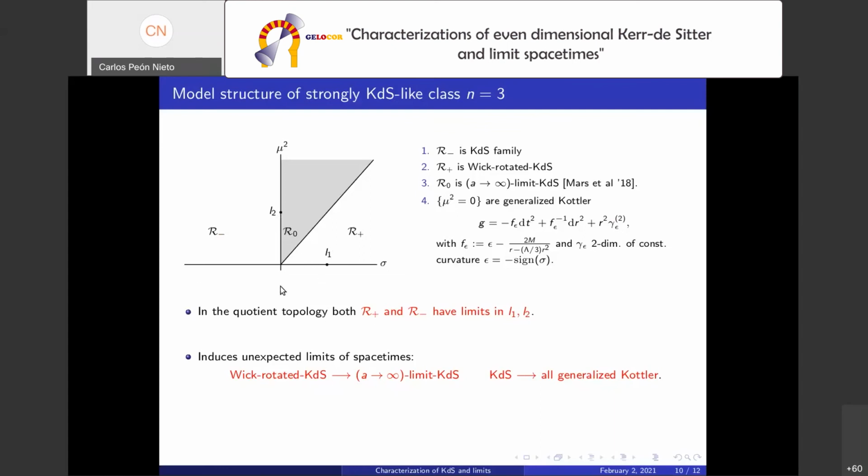This happens at the level of the data, and since the Cauchy problem is well posed, it also induces limits at the level of spacetime. So the Kerr-de Sitter spacetimes have limits in the spacetimes corresponding to this line, but also in the spacetime corresponding to this line. And in a similar way, the weakly rotating Kerr-de Sitter has limit within the spacetime corresponding to this line, but also with the spacetime corresponding to this line.